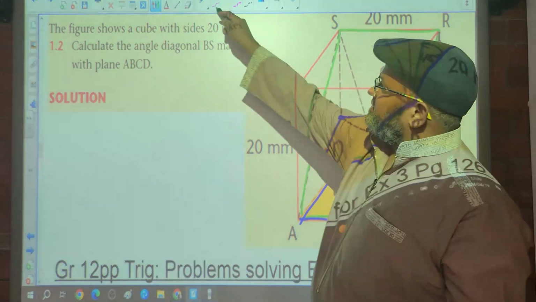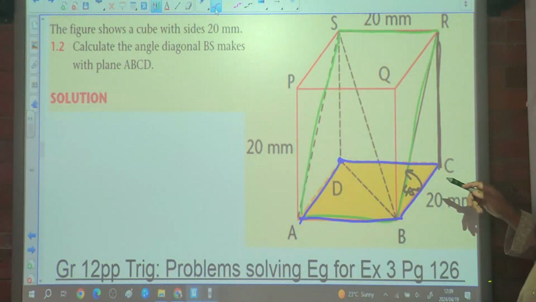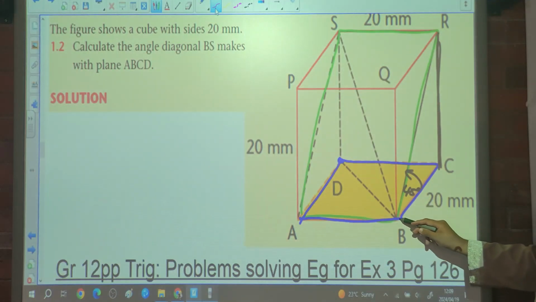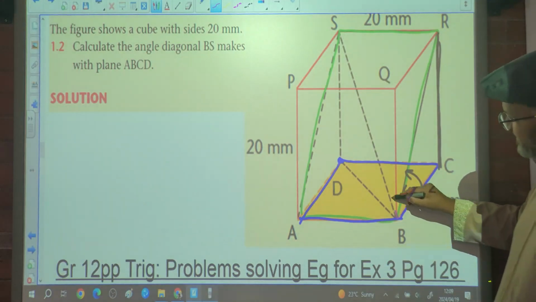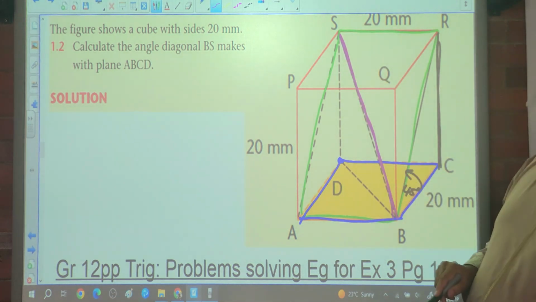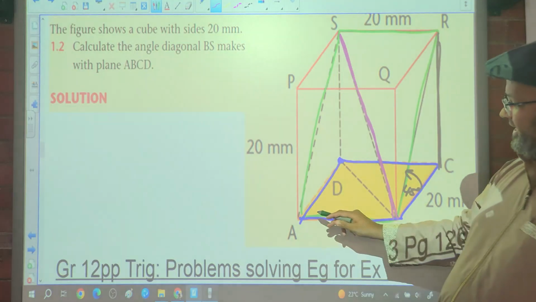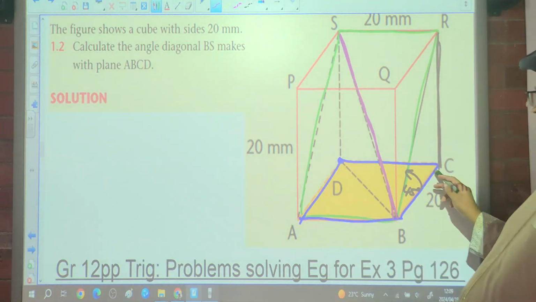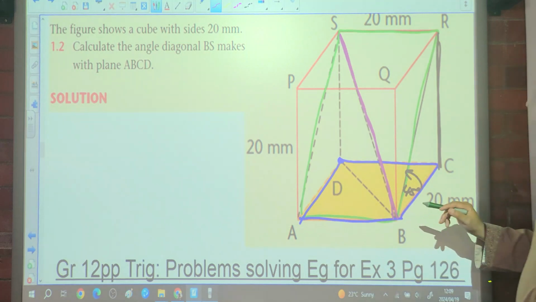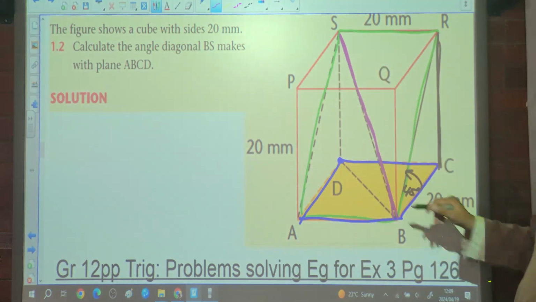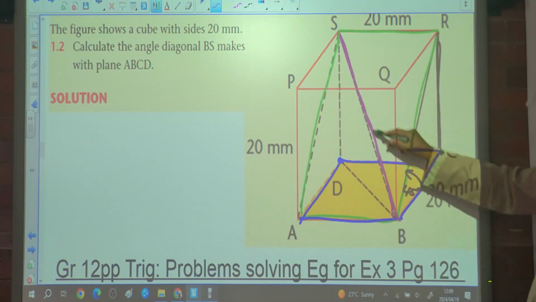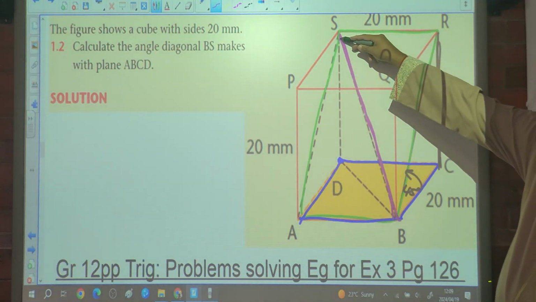So B is... make sure the plane A, B, C, D is what's on the ground, the horizontal plane. So in other words, how am I going to complete this triangle? It's going to be B, S, D.